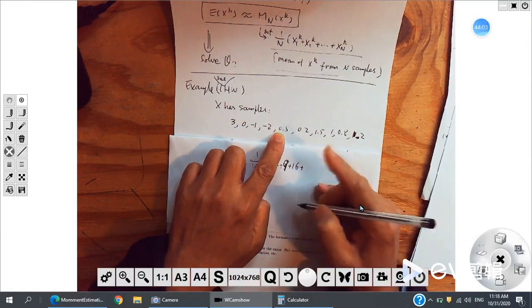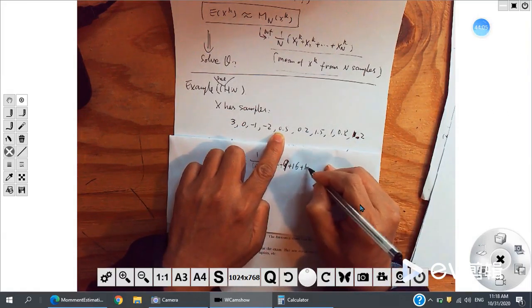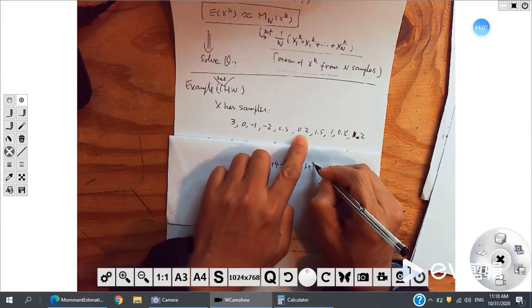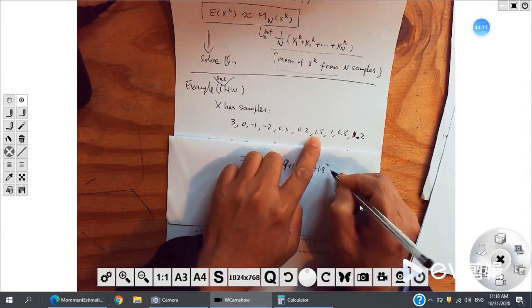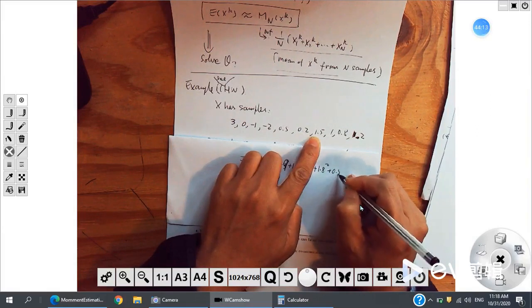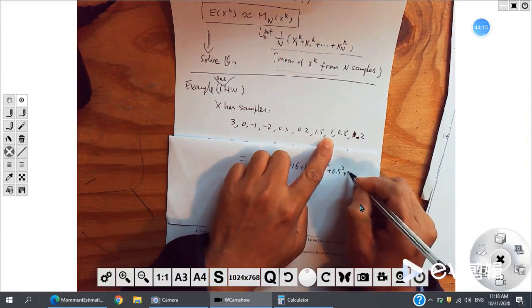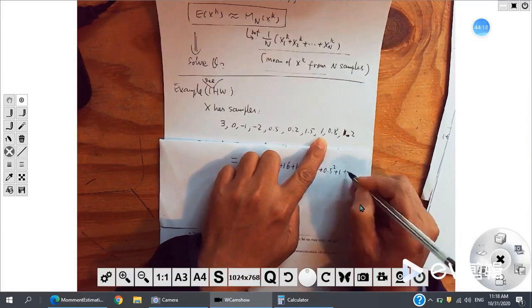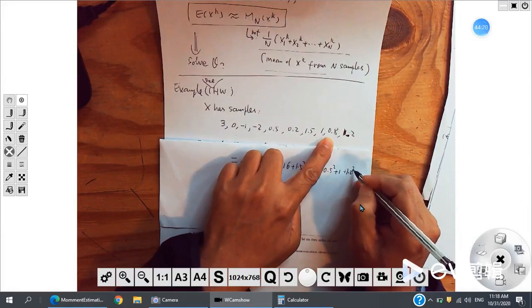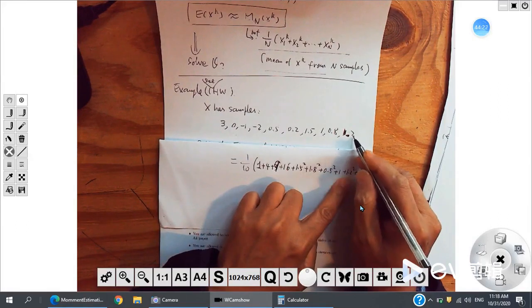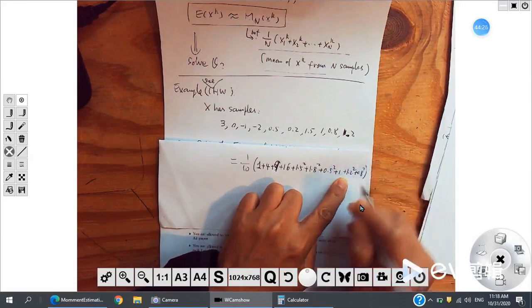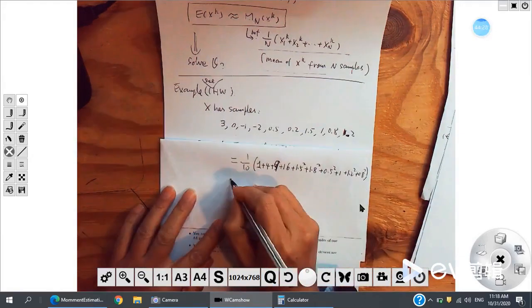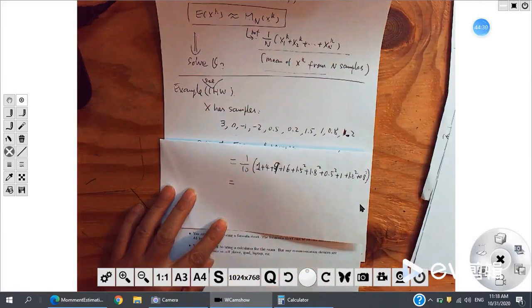0.5 minus 2 is 1.5 squared, right? This one is different from 2, this is 1.8 squared. And this is 0.5 squared, and 1 squared. And minus 2 is 1.2 squared. And 2 minus 1.2 is 0.8 squared. This makes sure we have a positive value, right?